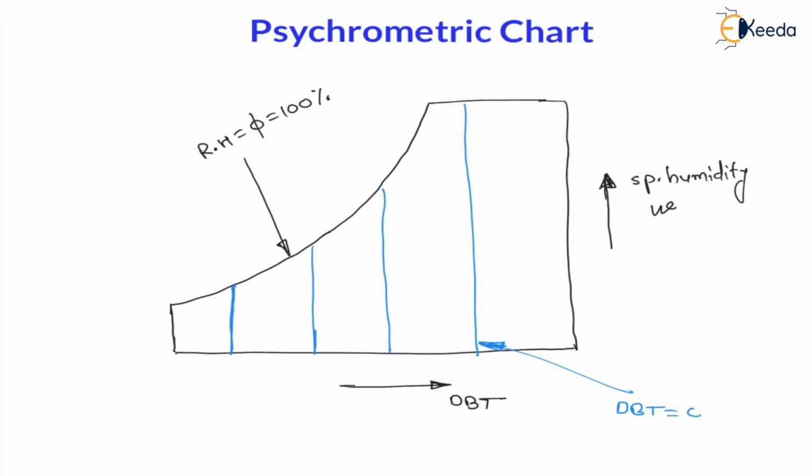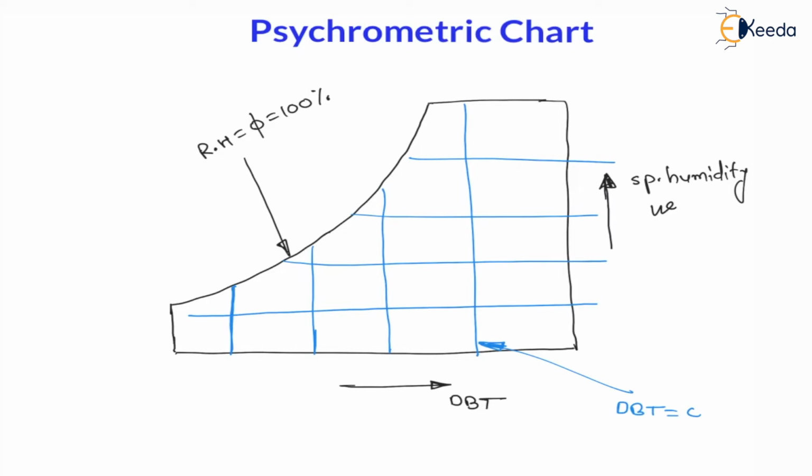Now the second point is that horizontal lines with uniform spacing are called constant specific humidity lines, right? Here again I am going to draw horizontal lines. This is a horizontal line, and again you will find one more horizontal line, and one more. These horizontal lines are called constant specific humidity lines.